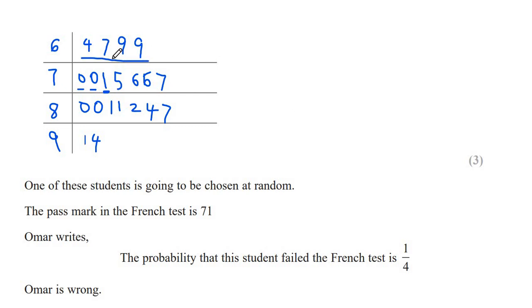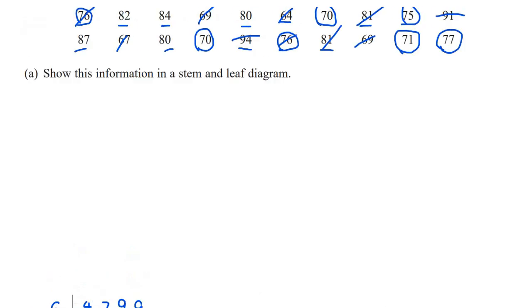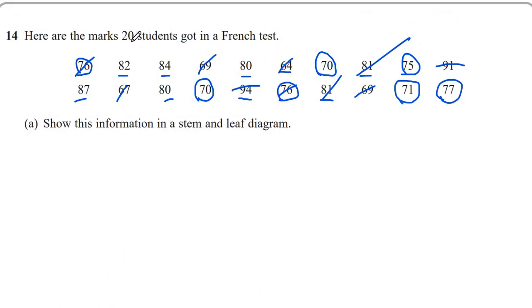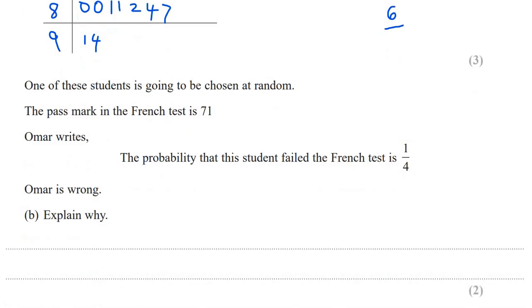So there's actually 6 students who scored less than 71. All right, so the probability will be 6 out of the total number. Now the total number of students is 20. So the probability that the student has failed is 6 over 20.